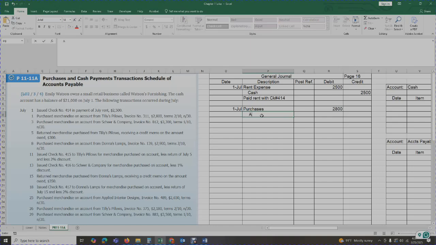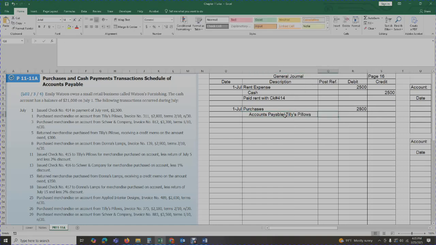If we owe money, that is accounts payable. Now, who do we owe the money to? We owe it to Tilly's Pillows. So we need to keep track of who we owe the money to. Accounts payable is a liability account with a normal balance of a credit. We should already know that by now. This is for invoice number 311.